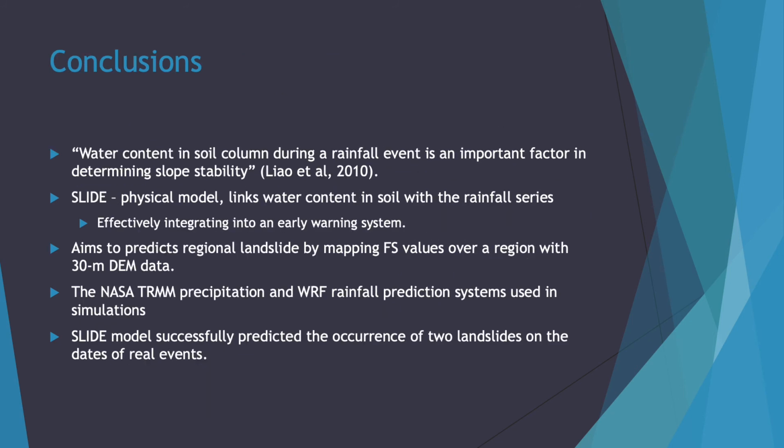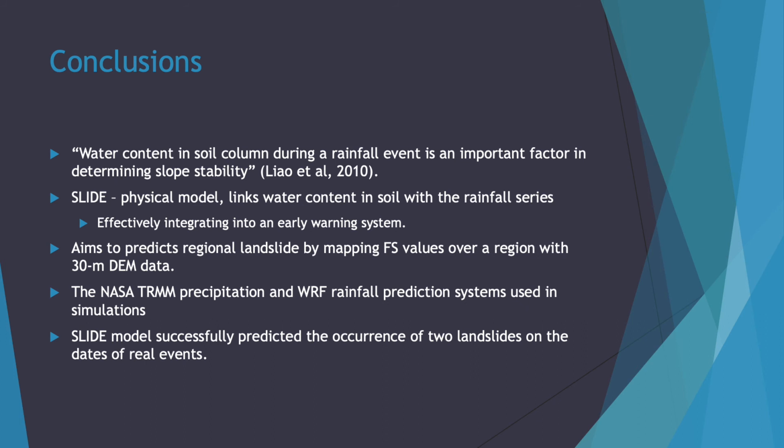The researchers concluded that water content in the soil column during a rainfall event is an important factor in determining slope stability. It was also determined that the SLIDE model actively integrates into an early warning system by linking water content in the soil within the rainfall series.